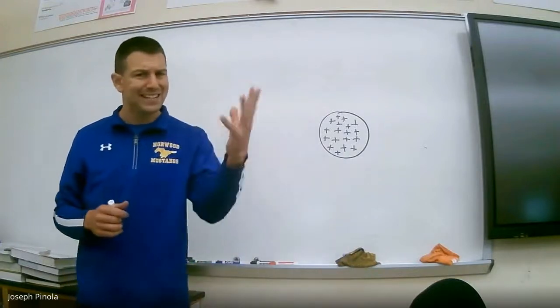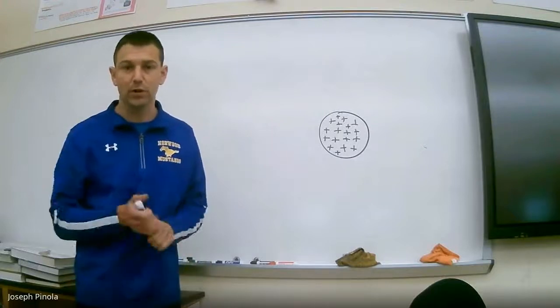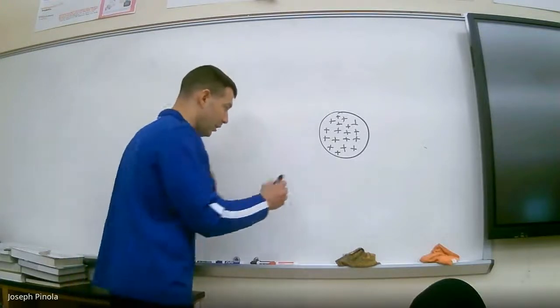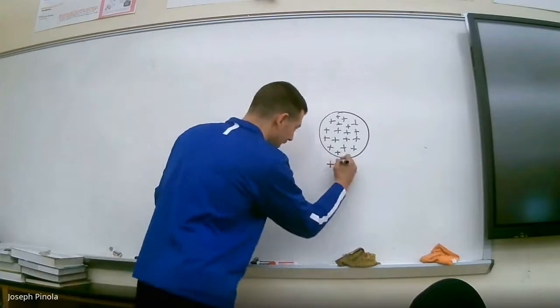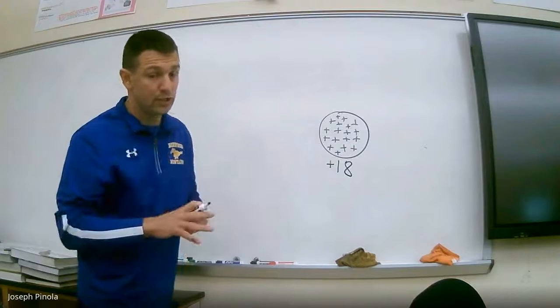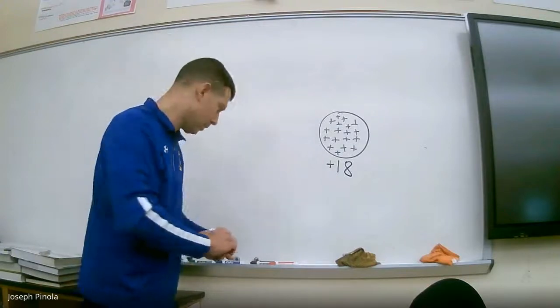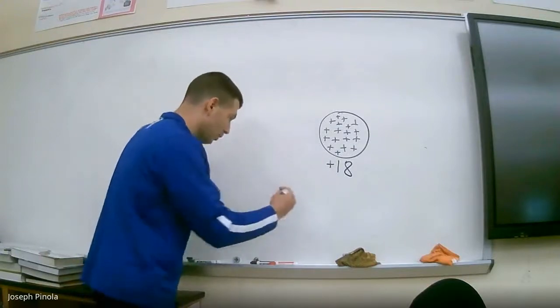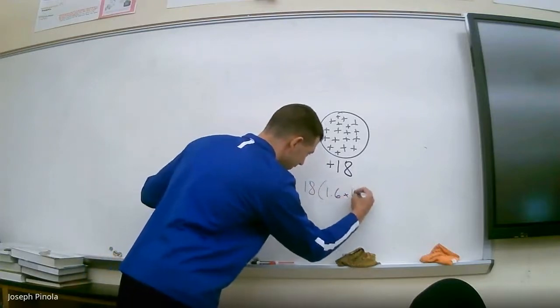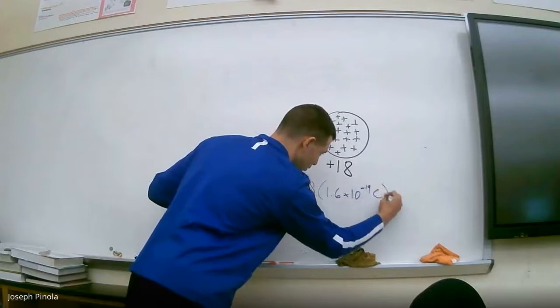In other words, 18 protons and 0 electrons. The net charge on this atom is positive 18 if we were just using the non-units description, or if we were measuring in coulombs, 18 times 1.6 times 10 to the negative 19th coulombs.